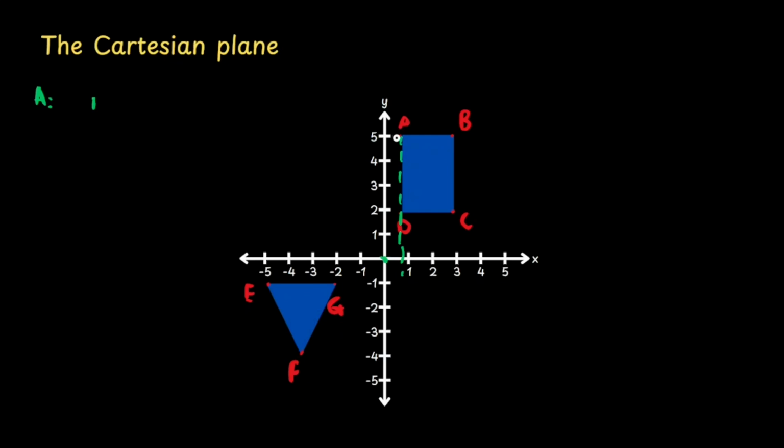So we're going to draw a nice little horizontal line from point A, and it's going to cut through the y-axis. The point at which it cuts through the y-axis is the y value of 5. So we're going to put it down here on the side. That's not that neat, but you get the picture.